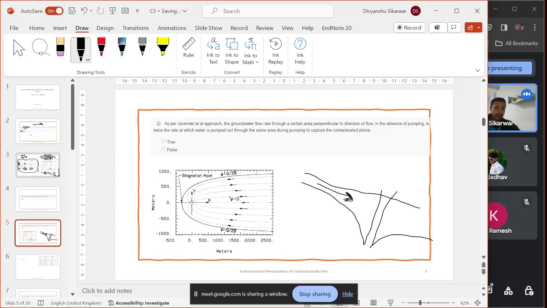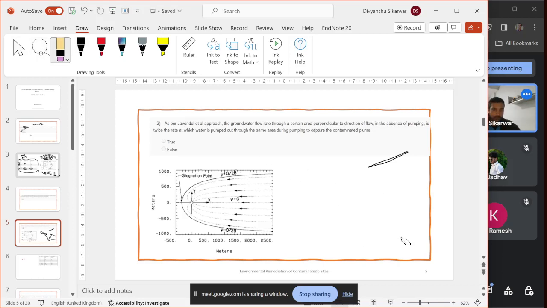In this diagram, for this flow direction, we have to invert this image. But I made the gradient this way. If we make the gradient in this fashion, it will match this diagram.